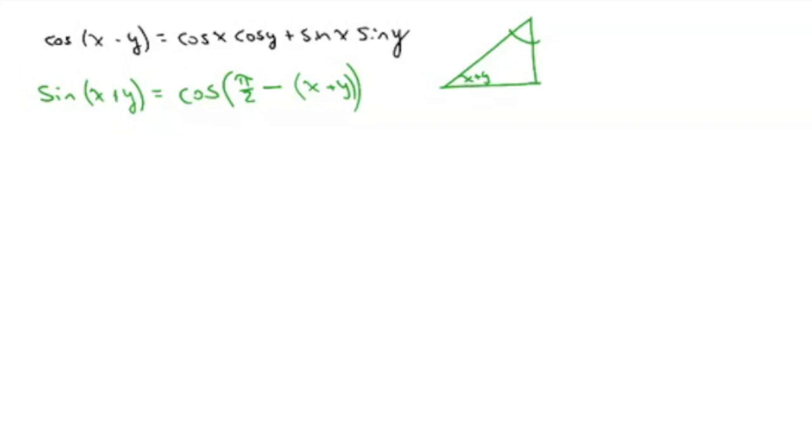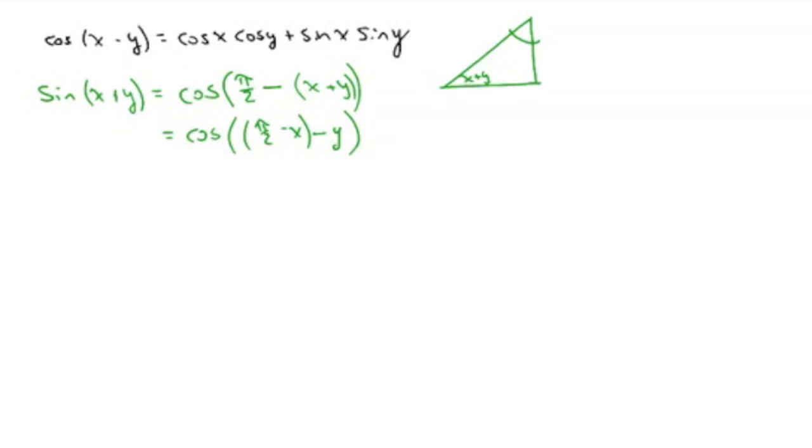Okay, what I'm going to do is, number one, distribute the negative and group the angles a little strangely. So this becomes cosine of pi over 2 minus x minus y. Distribute the negative, so it becomes negative x and negative y.